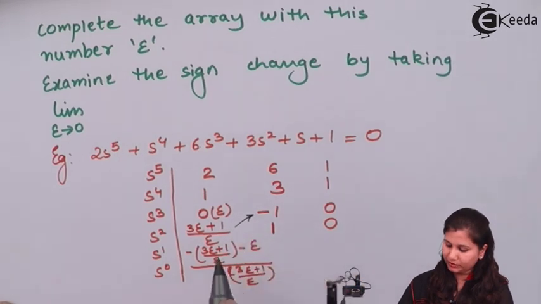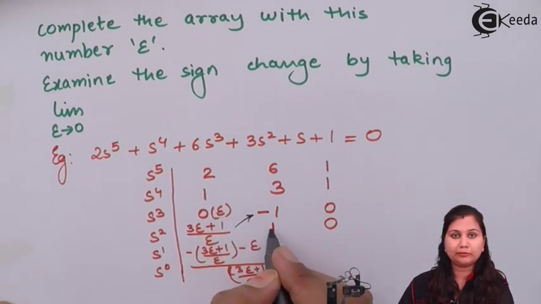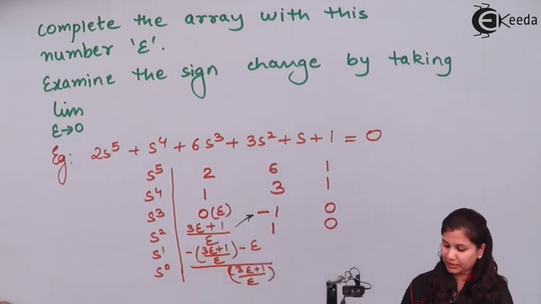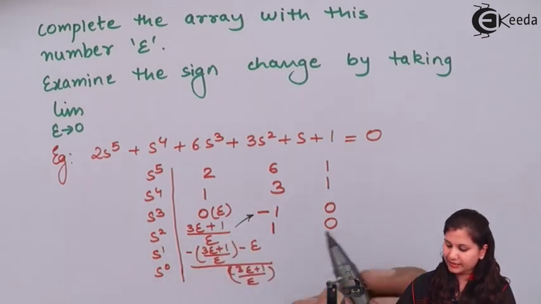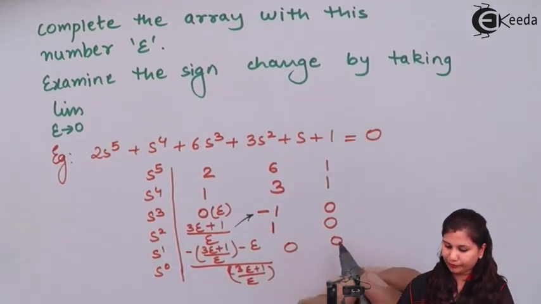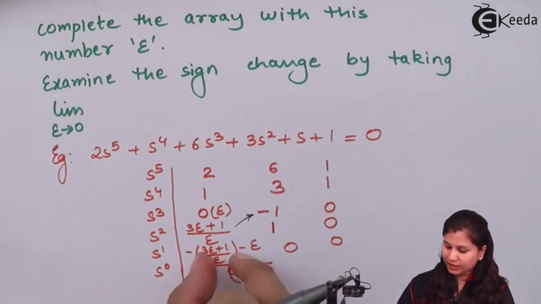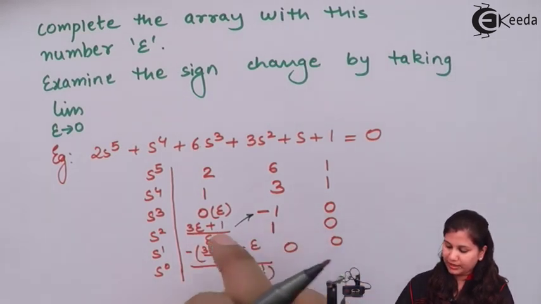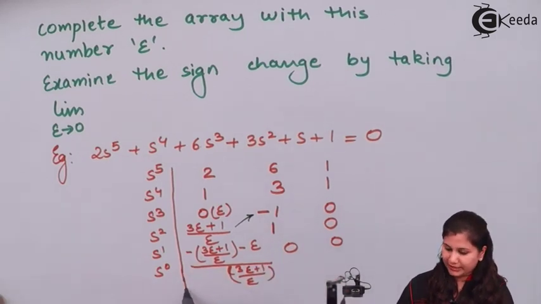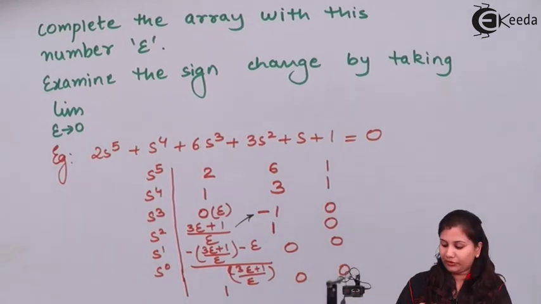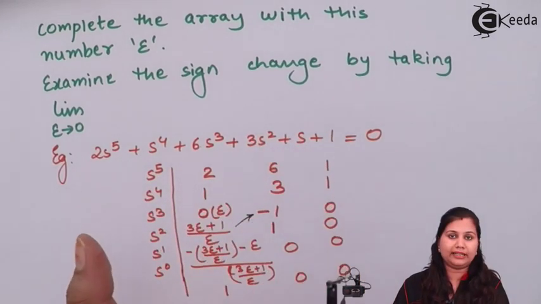So this is the term. Then minus of epsilon multiplied with 1. It will be epsilon divided by this term. So this is s to the power 1. Then rest we will get as 0 and 0. Again we will have this term multiplied with 1, this term multiplied with 0, divided by this. So we will get it as 1. 0 and 0. So we have obtained the Routh array.